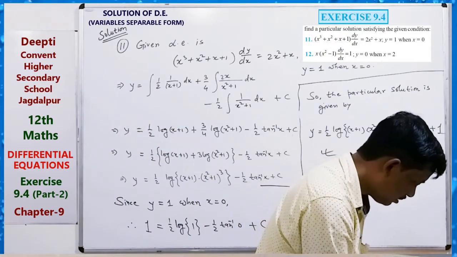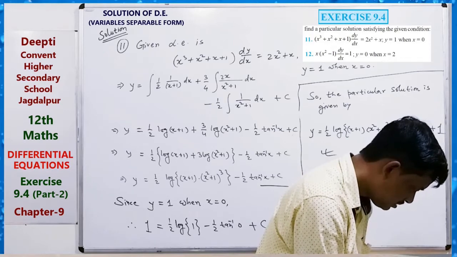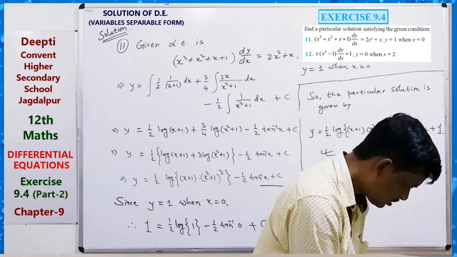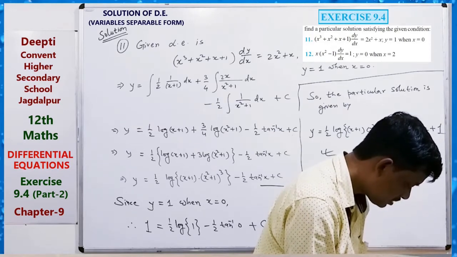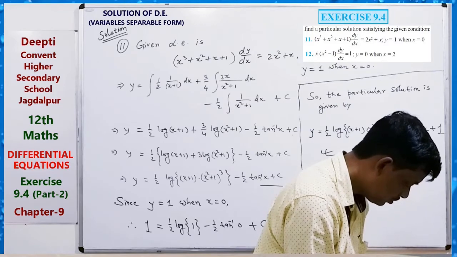So question 11. 1 x square, x plus 1 square plus cube.